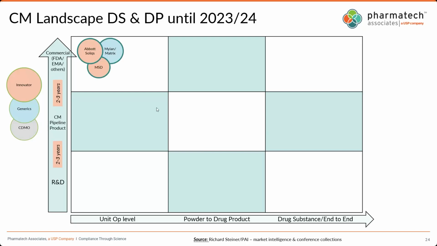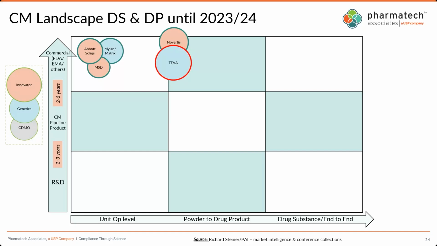It started also very late in the end of the 1990s and the early 2000s, where companies like Abbott, Soliqs or Matrix, Mylan with HIV treatments came out to the market already based on melt extrusion or melt granulation technologies continuously, or MSD with their famous contraceptive product as a ring.